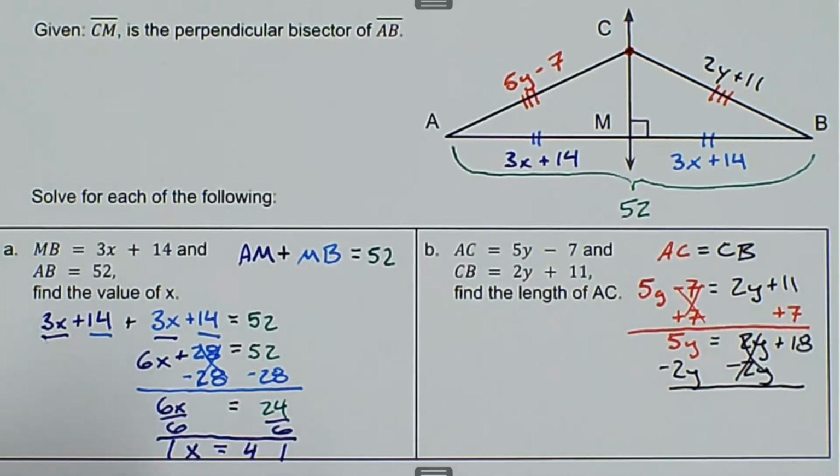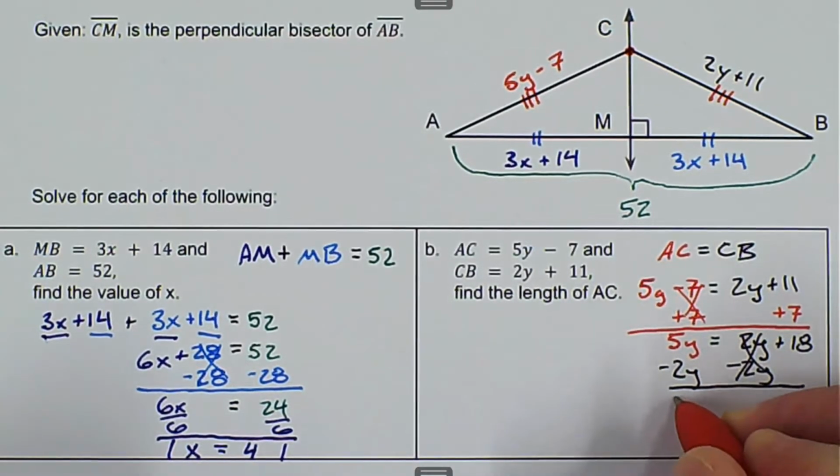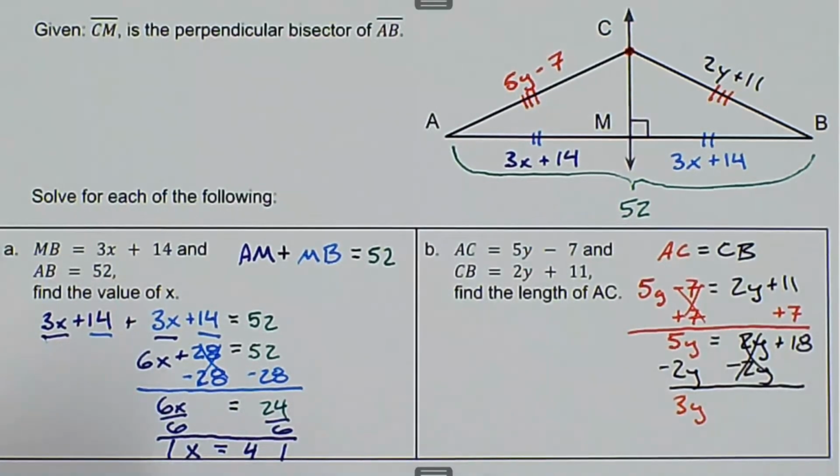Our 2y cancels, and we're left with 3y, which is equal to 18. We divide both sides by 3, and we get y is equal to 6.